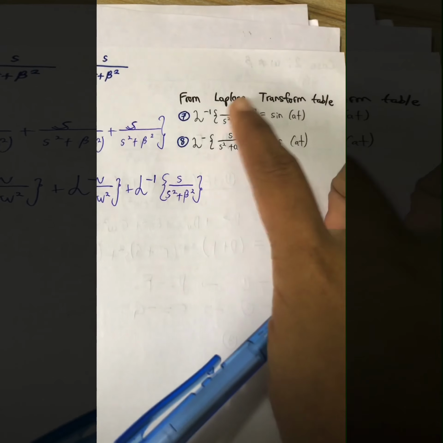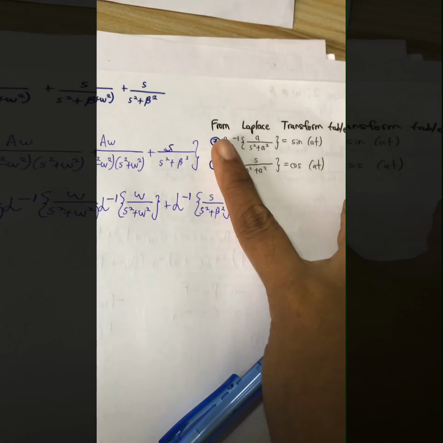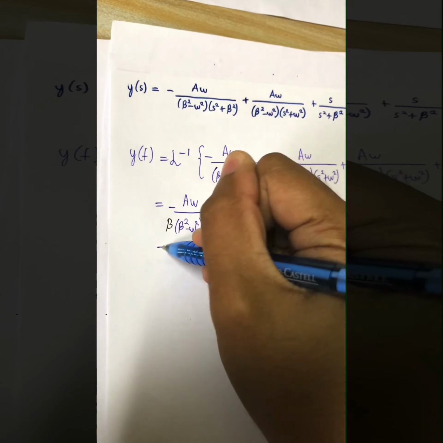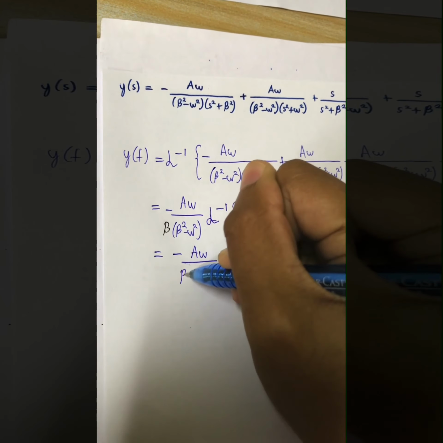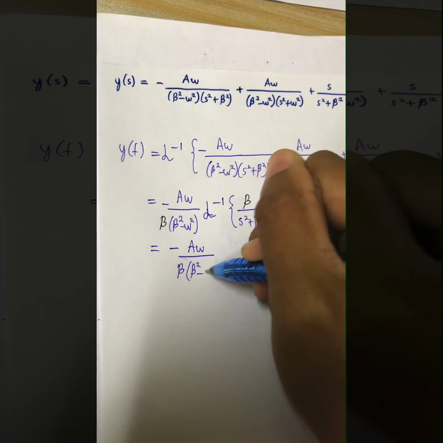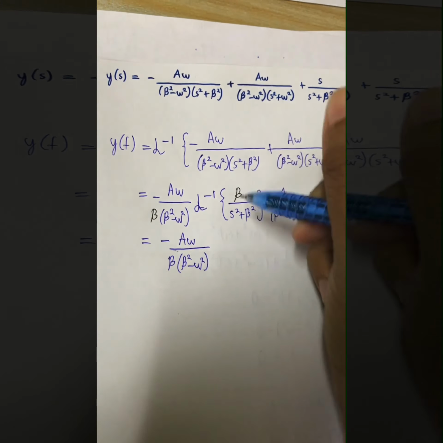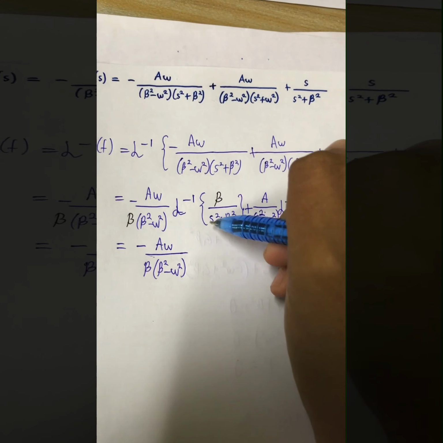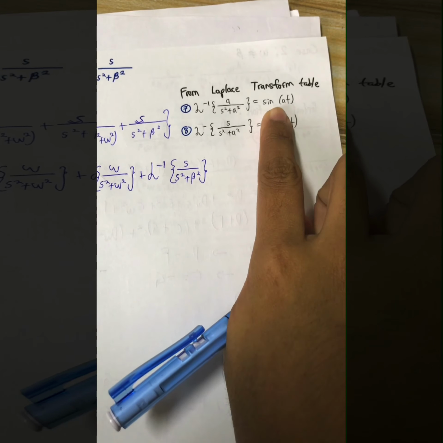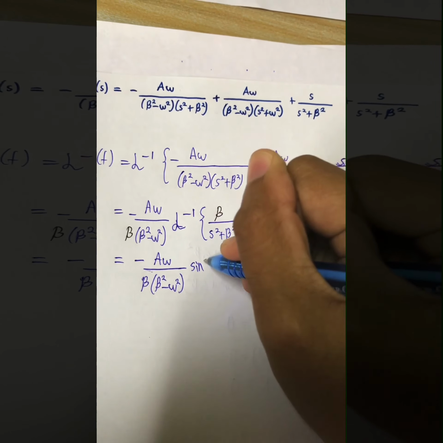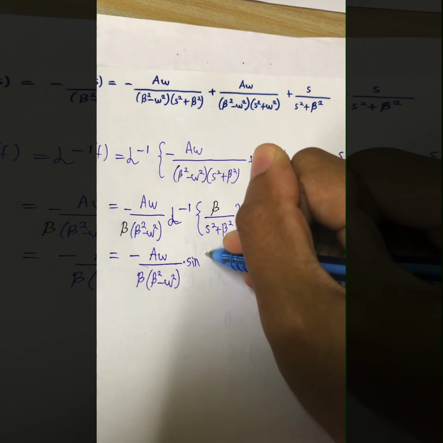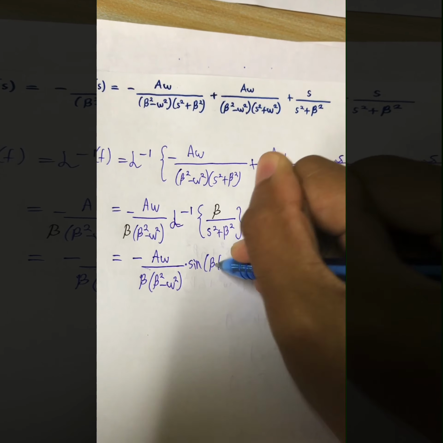Next step, we just substitute what we get from the Laplace table. So here it equals minus a omega over beta times beta square minus omega square, then the inverse of beta over s square plus beta square, we get sine beta t.